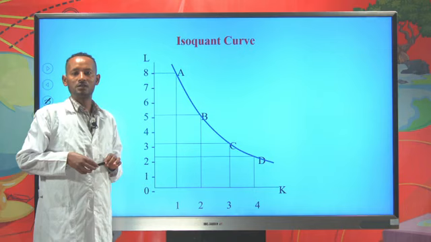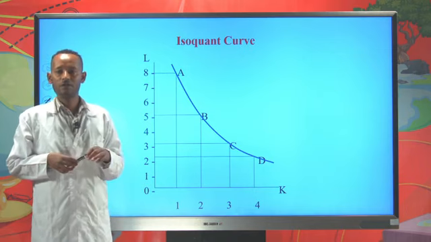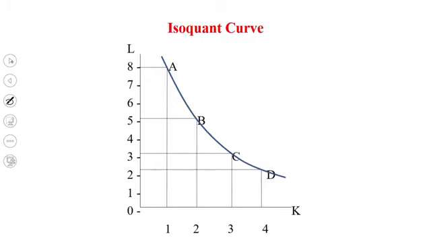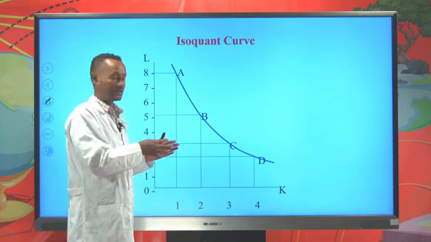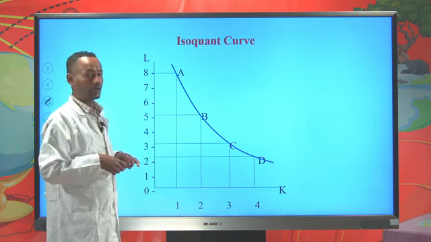The isoquant curve is the graphical representation of the isoquant schedule. It represents the amount of the variable input labor that is given up on the y-axis, and the amount of the variable input capital that is gained on the x-axis.